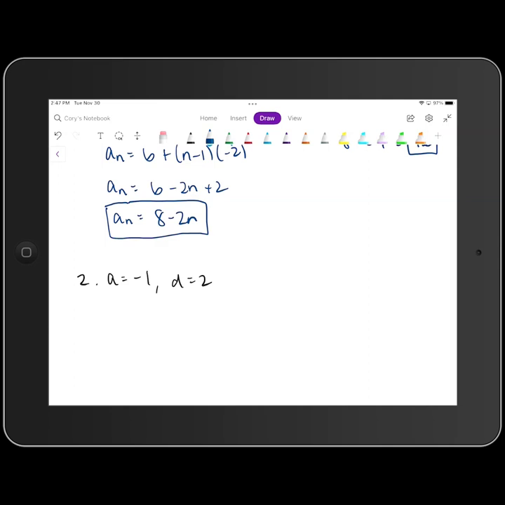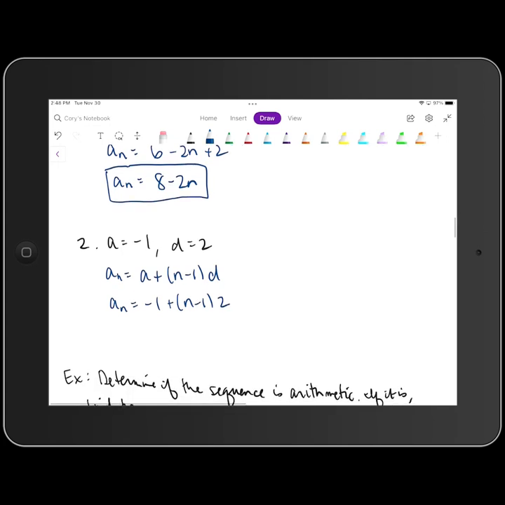All right, so when we do the same thing for this example, again, a sub n is going to be equal to a plus n minus 1 times the common difference d. And again, we're going to plug the values of a and d in for that formula. So a sub n is equal to a, which is negative 1, plus n minus 1 times the common difference d, which is 2.